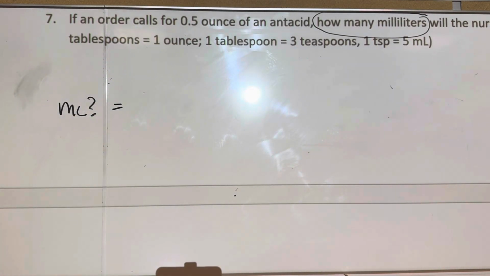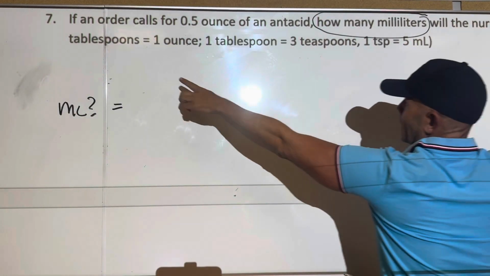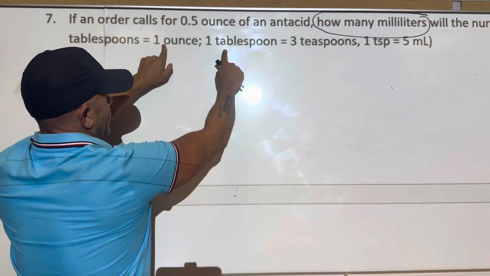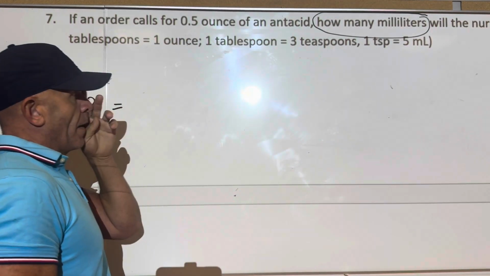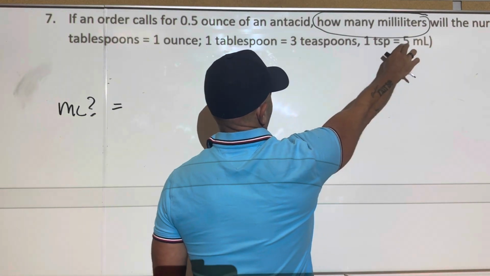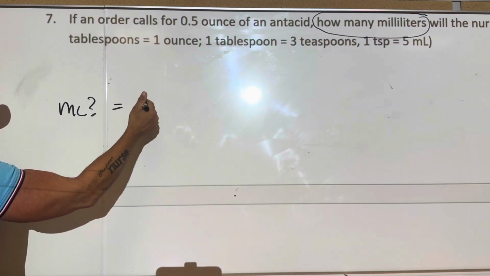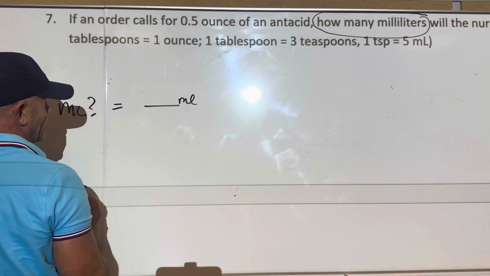All right. Well, let's look at what they've given us. They've got 2 tablespoons equals 1 ounce, 1 tablespoon equals 3 teaspoons, and 1 teaspoon equals 5 mLs. All right. So where do we go? Well, let's look backwards. Let's go this way. 5 mLs, because remember, we told you 5 mLs starts it, right?